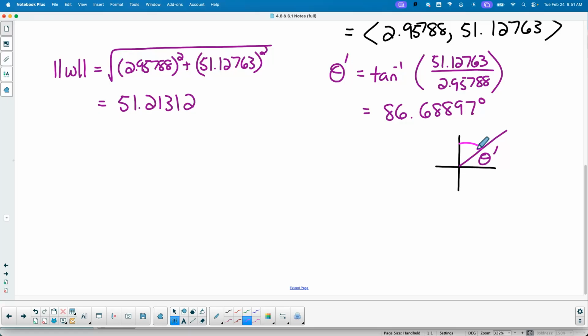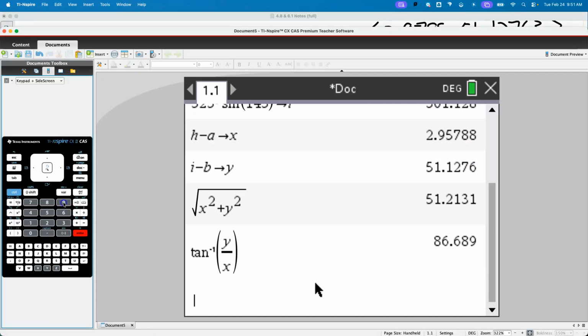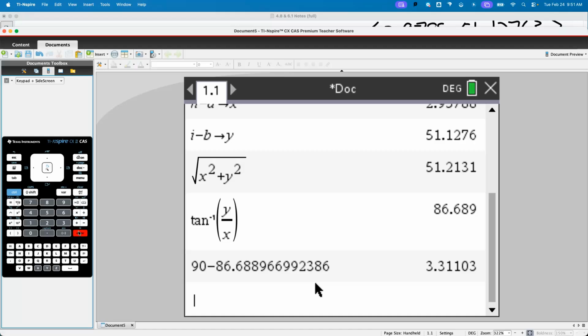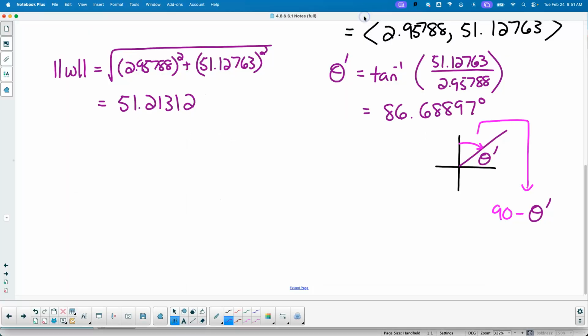That angle is going to be 90 minus the reference angle that I just found. So 90 minus my answer is going to be 3.31103.